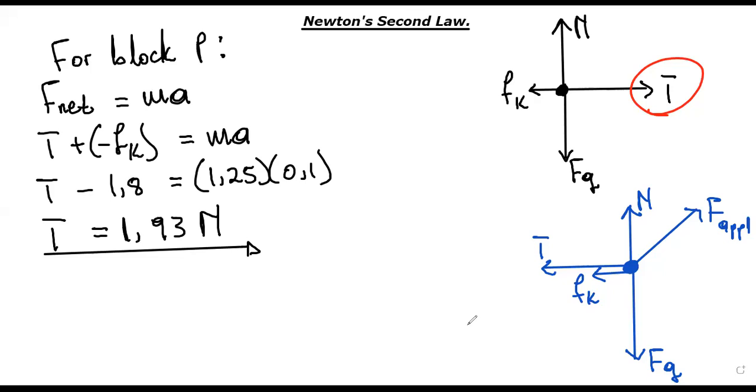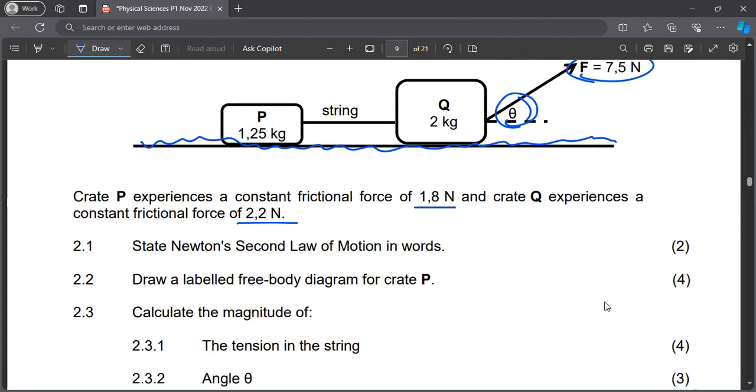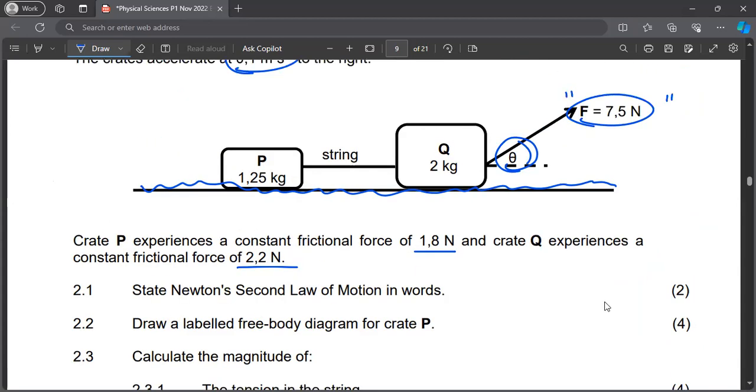So what about the next question, which is actually the last one? They say calculate the magnitude of the angle theta. Do you see that? So when we must find theta, we can't talk about the block P. We have to consider the block Q alone because the force is acting on block Q. Are you fine?